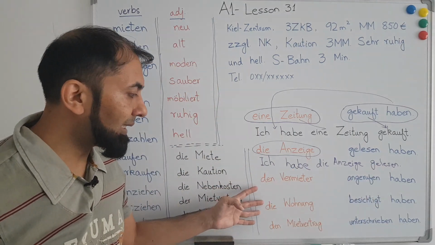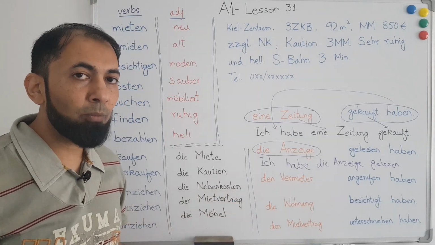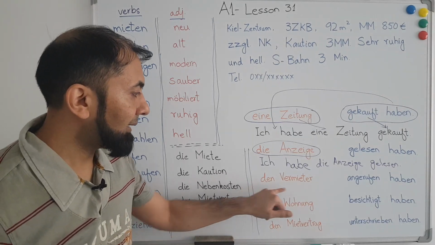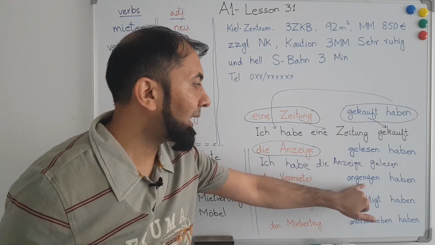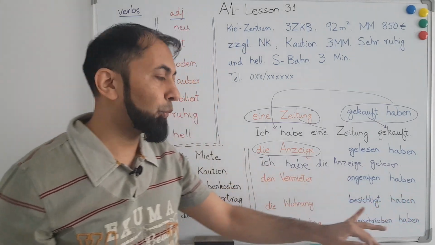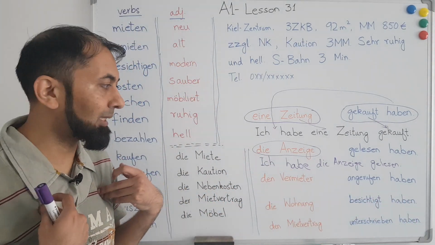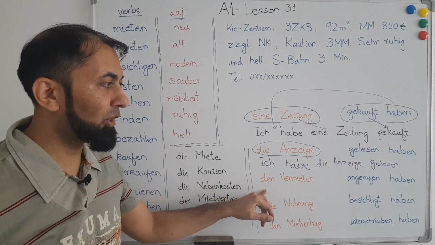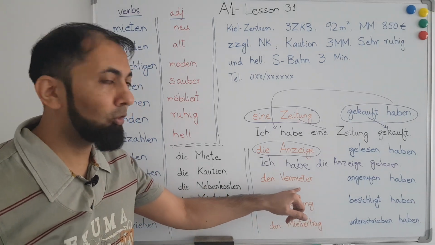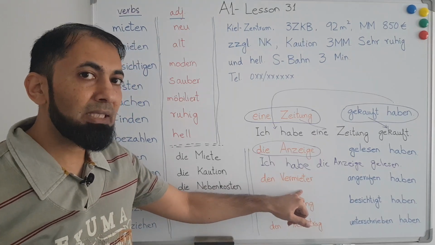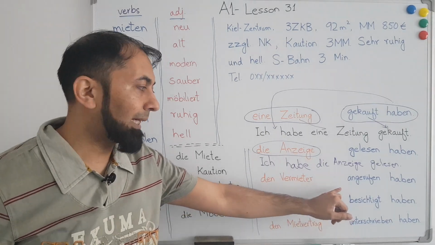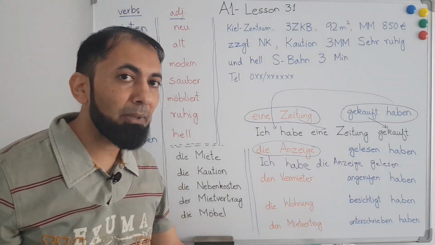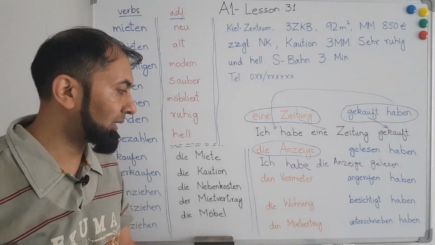Now the next three sentences are homework for you. Den Vermieter angerufen haben. So you again take ich as a subject, put it in the first position, conjugate haben according to the subject of the sentence, put the object at the next position and the participle zwei at the last position.